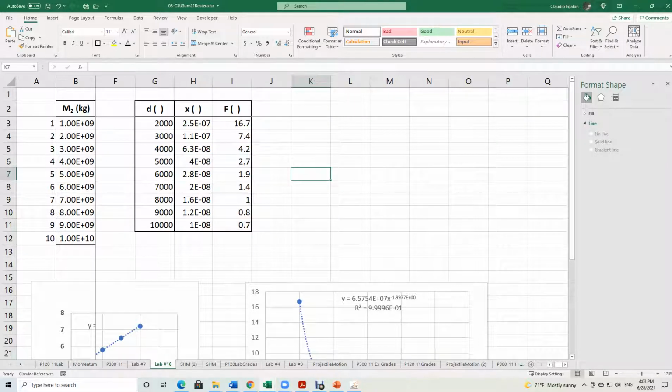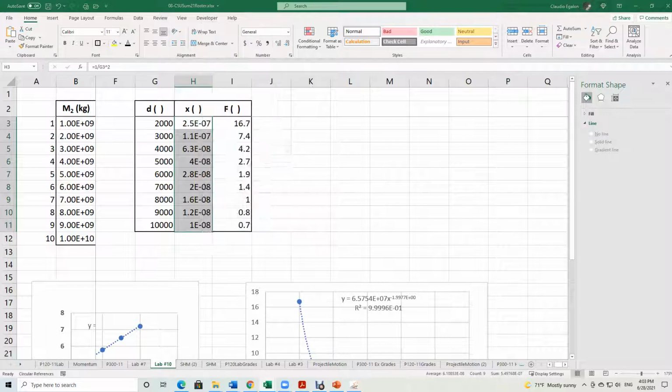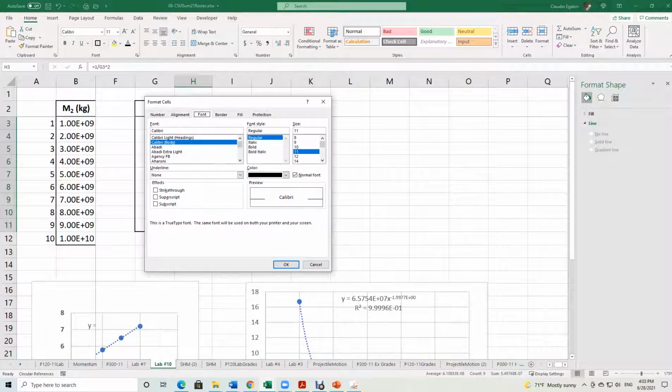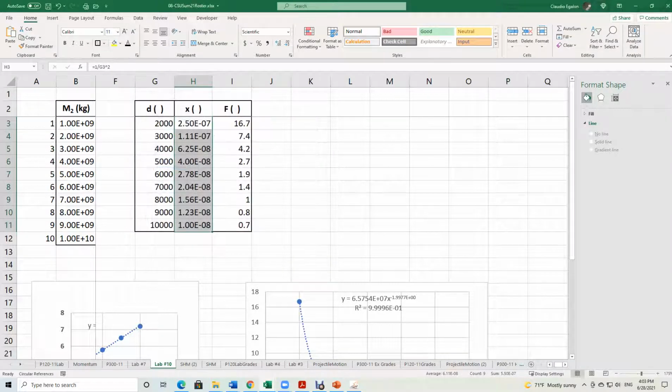Shrink a little bit. I'm going to put one decimal place, that's enough. Scientific, yeah, I'll leave 2. And now we are going to plot this one. When we plot this one, you're going to find out that it has been linearized. It's a linear behavior.